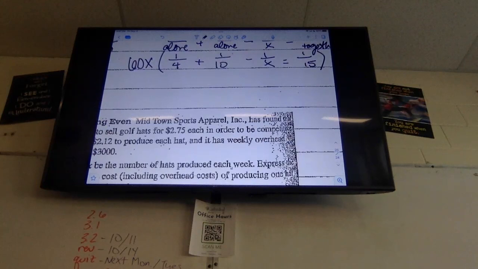So we'll do 60x divided by 4, or 60x times 1/4. Is that 15x? Okay. And then 60x times 1/10 is going to be 6x. And then times negative 1/x will be negative 60. And then 60x times 1/15 is going to be 4x, I believe.